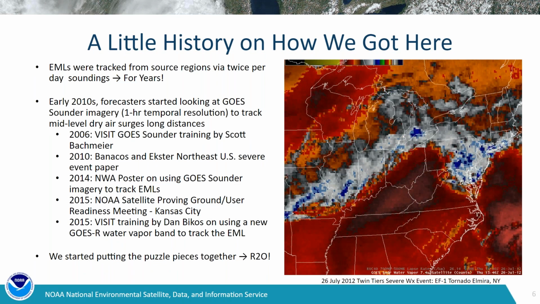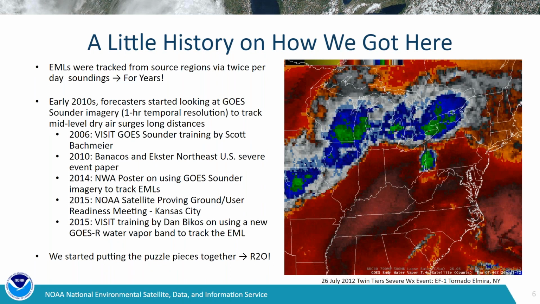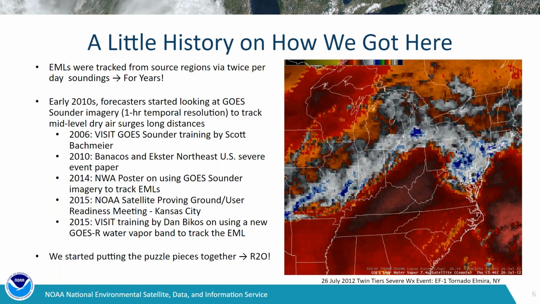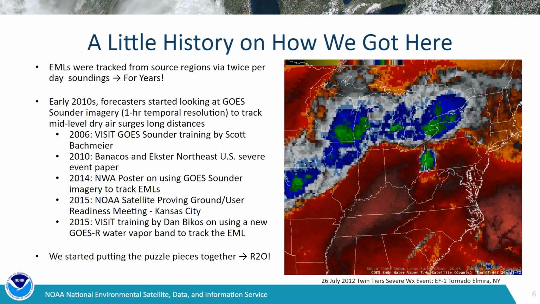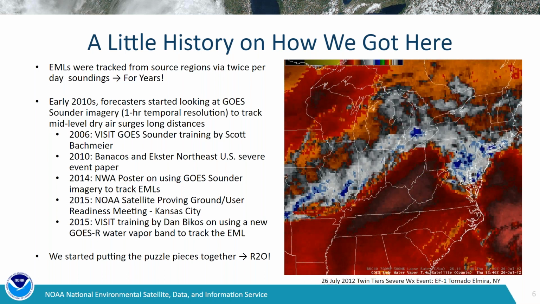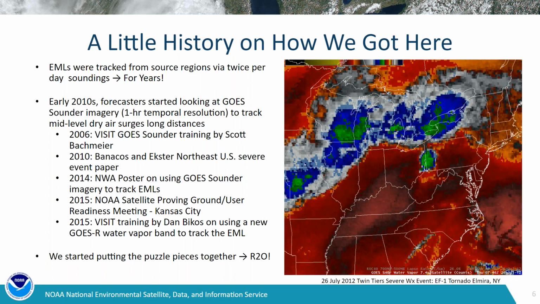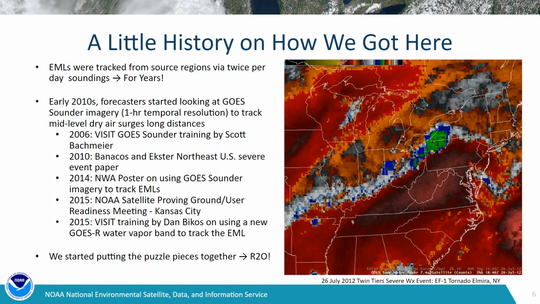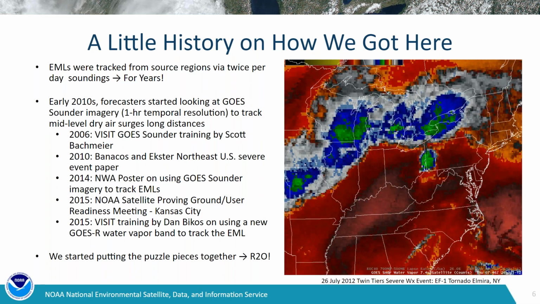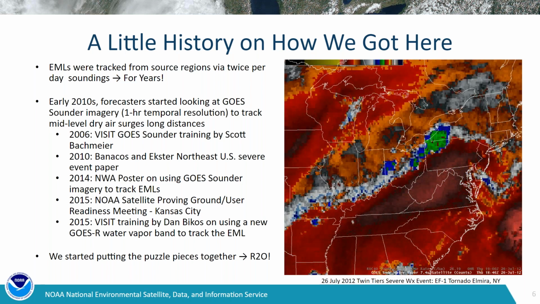So how we got here: looking back at the 50s and 60s, Toby Carlson really helped pave the way for understanding what the elevated mixed layer is. He was a meteorology professor at Penn State University. For years and years, we tracked these using soundings from balloon launches done twice a day.